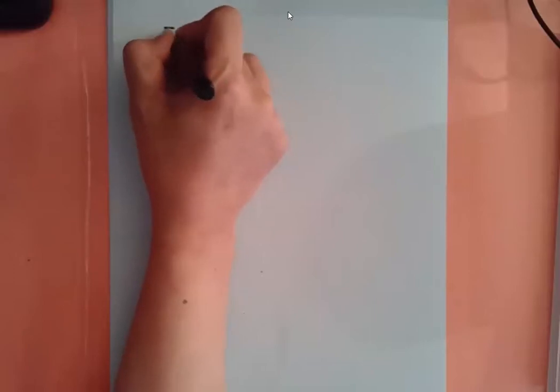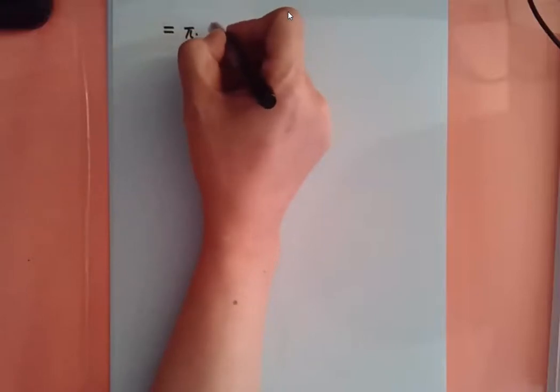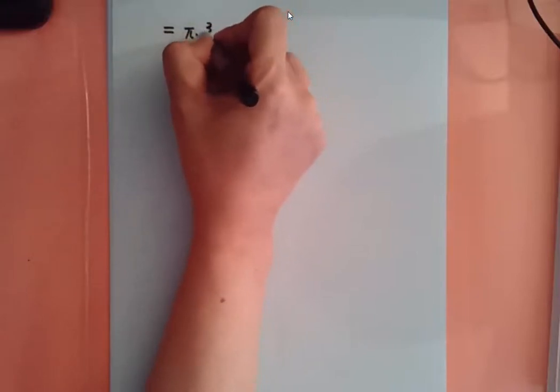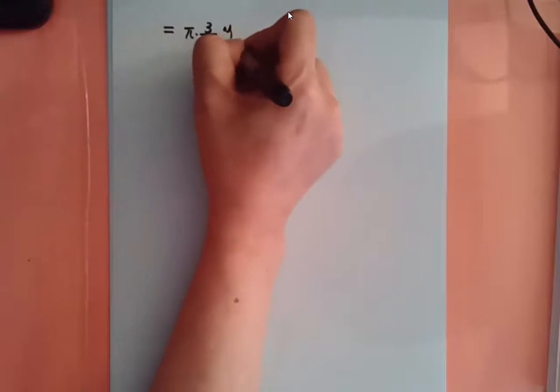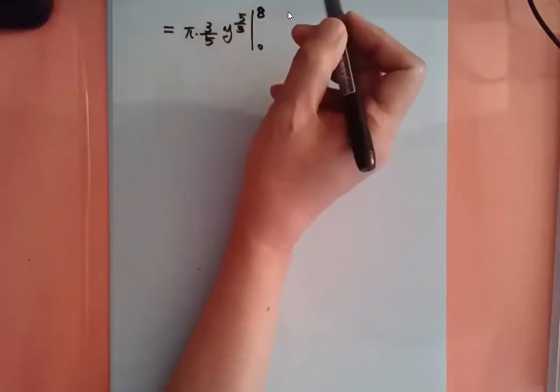So we can rewrite that as pi times the reciprocal of the denominator, which is 3 over 5 times y to the 5 over 3 from 0 to 8.